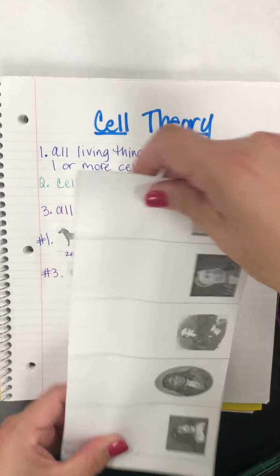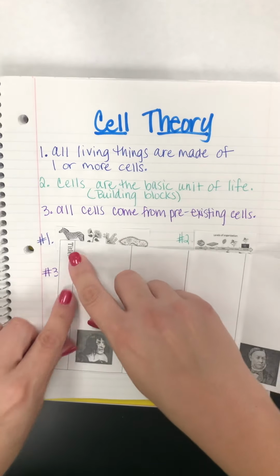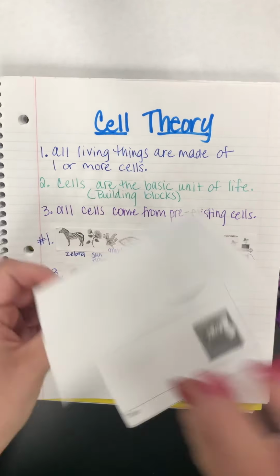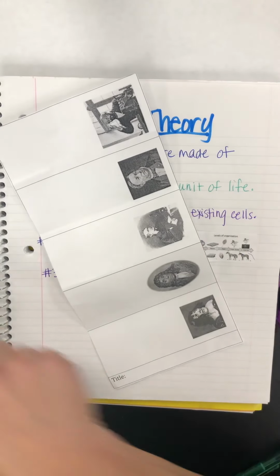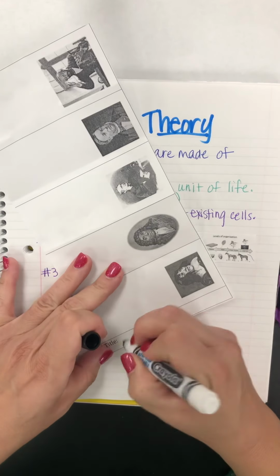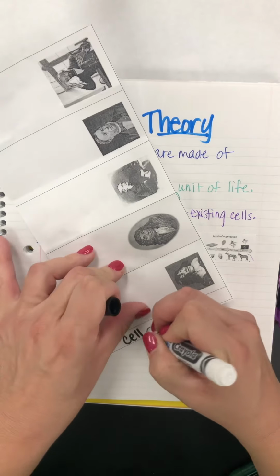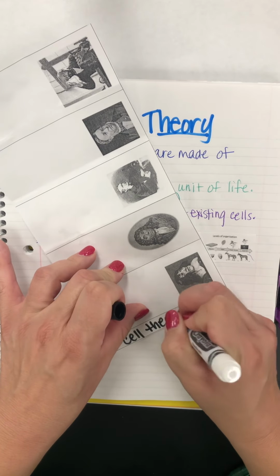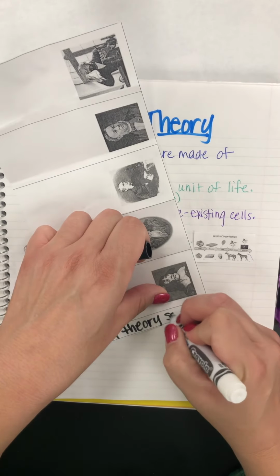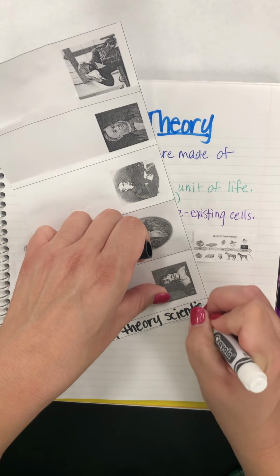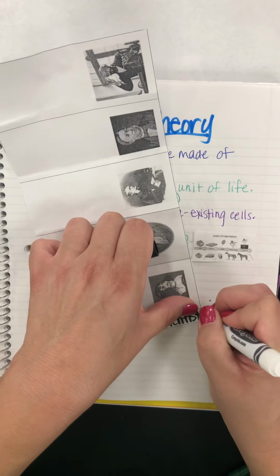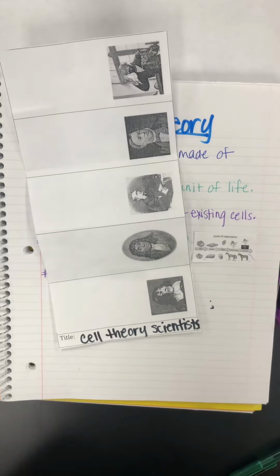So opening up my foldable. Again, it says title on the side, so I need to fill that out first. I'm going to use a black marker, and I'm going to put cell theory scientists, because these are the scientists that contributed to form the cell theory.